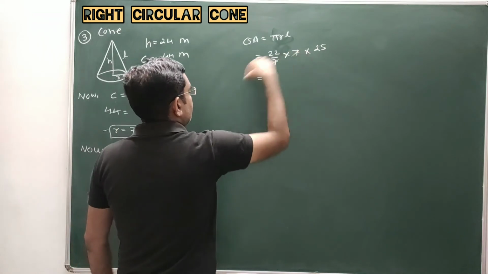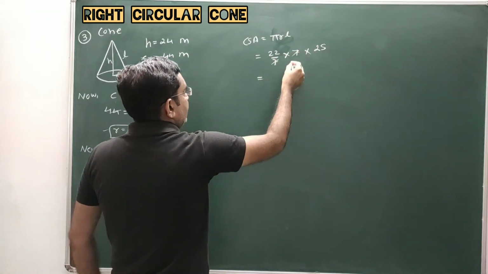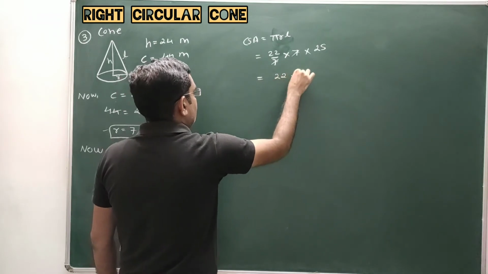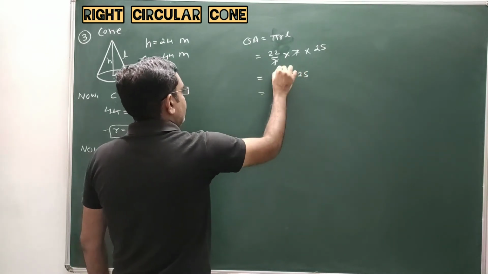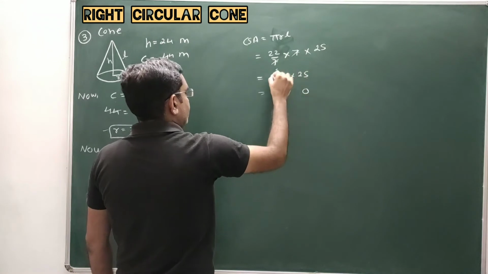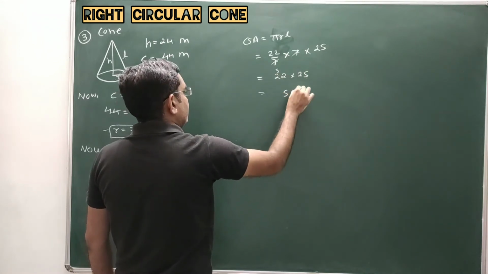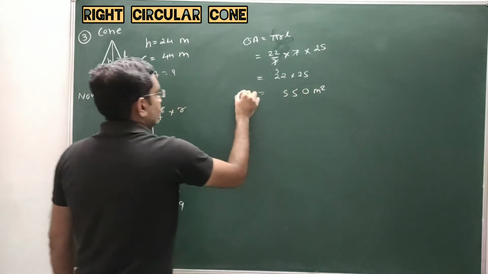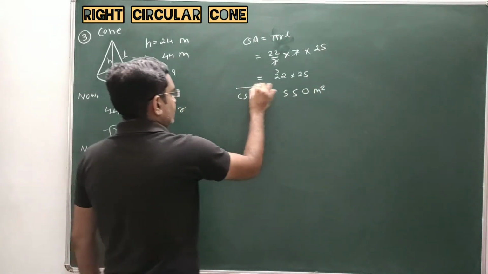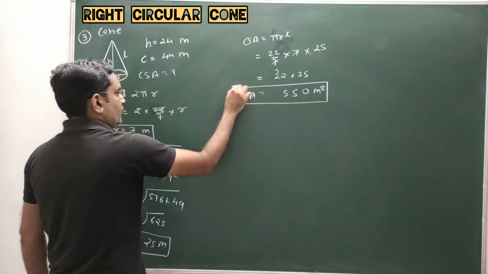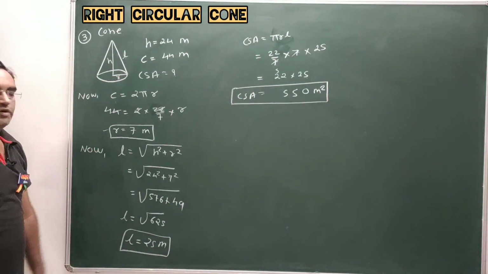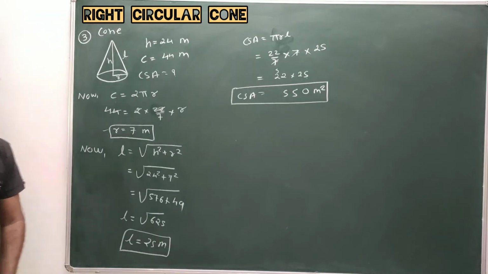Here 7 cuts, 22 into 25 is 550. So 550 meter square is the curved surface area of this right circular cone. Clear students? It is a 3 mark question. Pause the video and note it down.